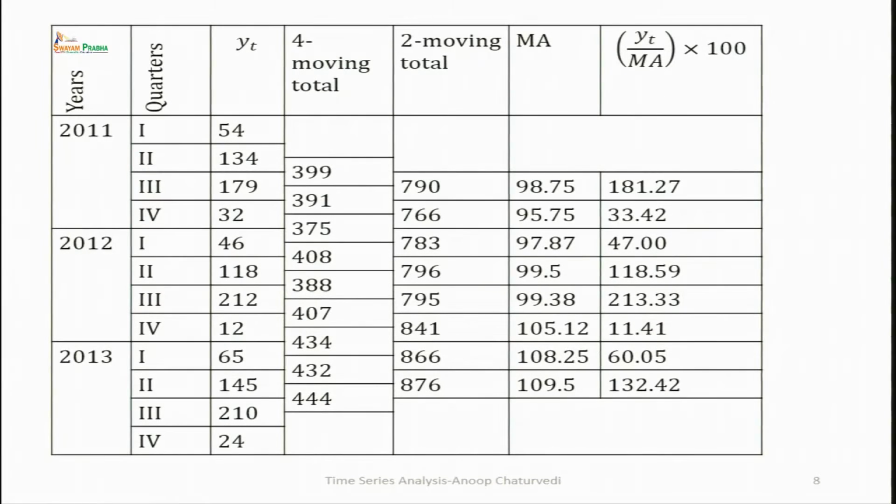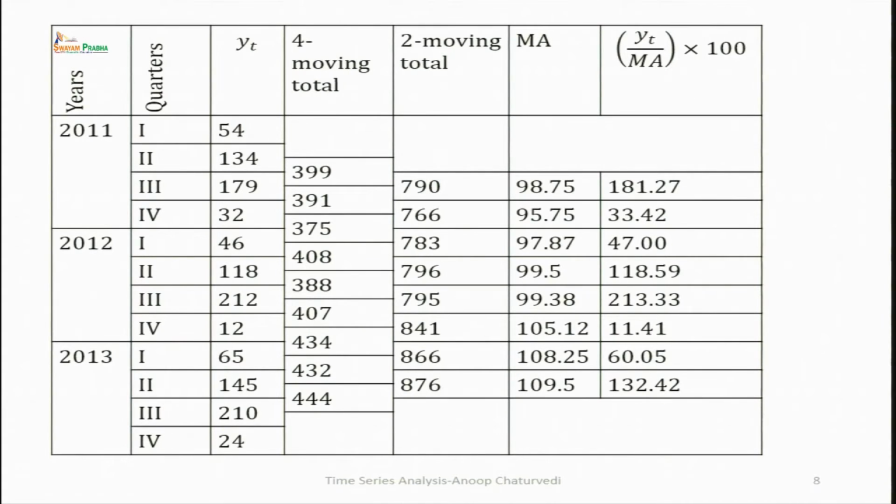Now, we arrange the observations according to different years and different quarters. So, you have observations for year 2011, and here you take different quarters, then 2012 different quarters, and so on, and these are the observations.